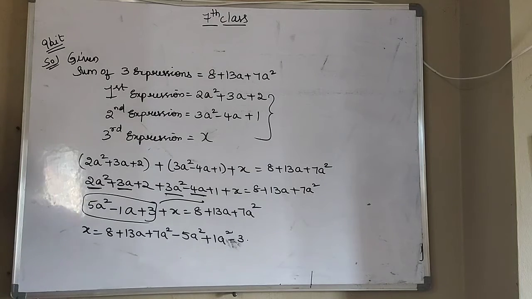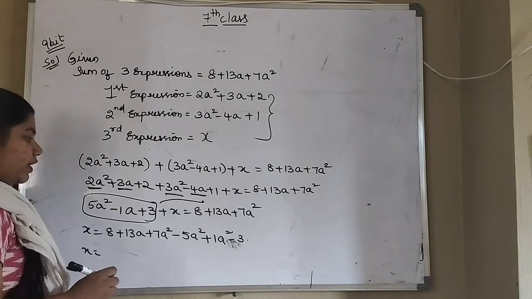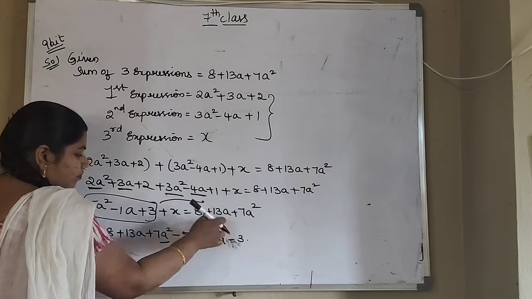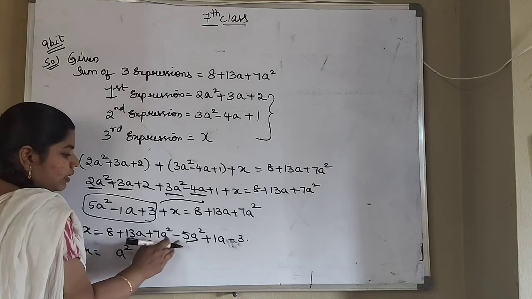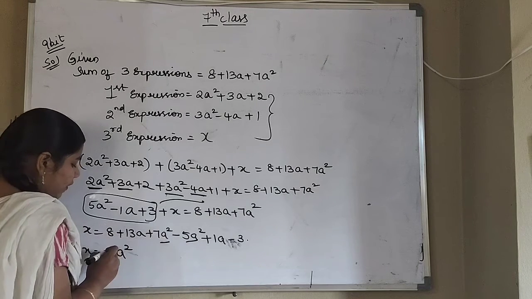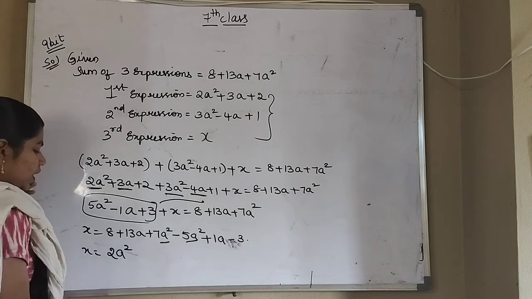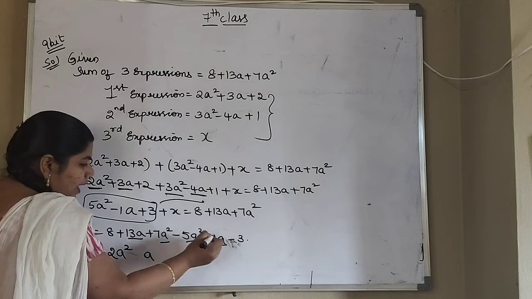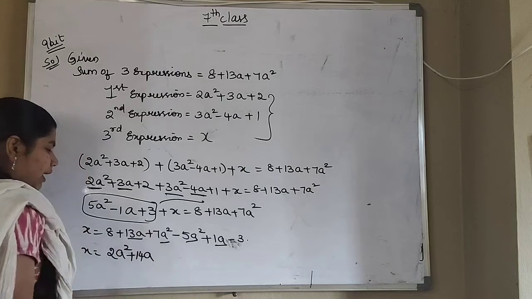Now again you solve the like terms. First the a square terms: plus 7 minus 5 will be 2a square. Next the a terms: 13a and 1a, 13 plus 1 is 14, so plus 14a.